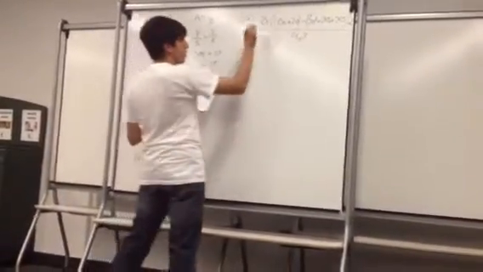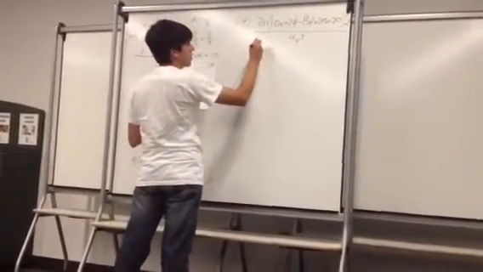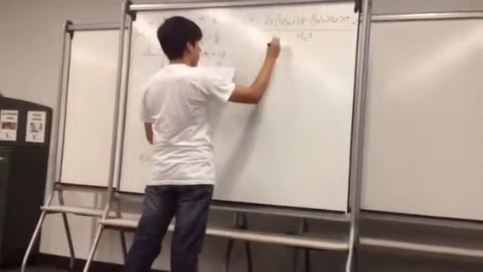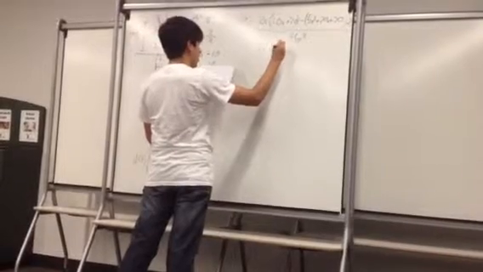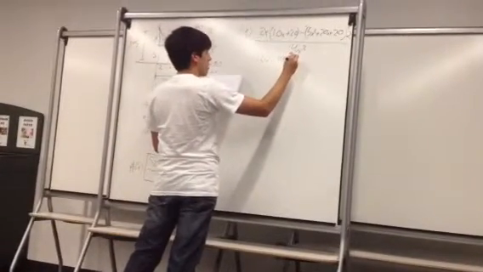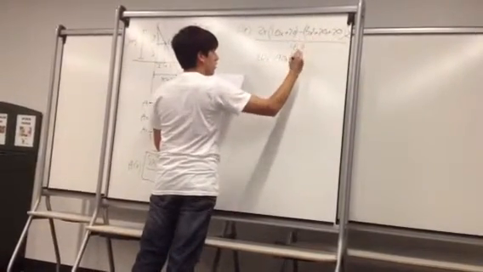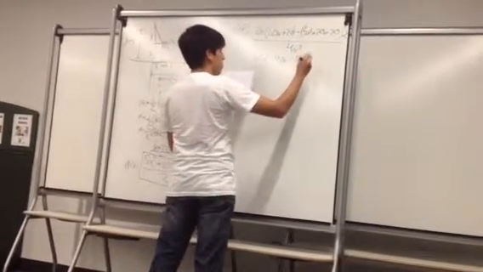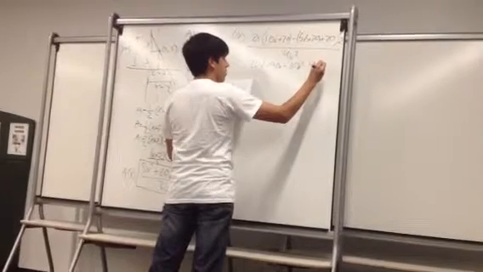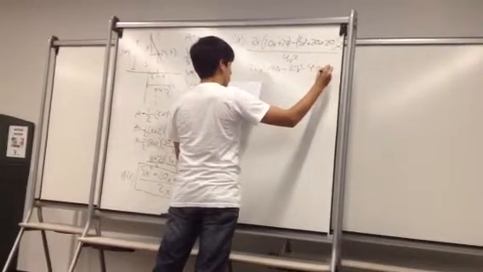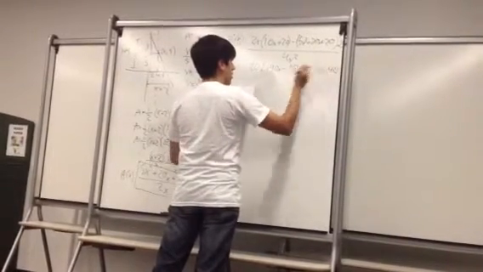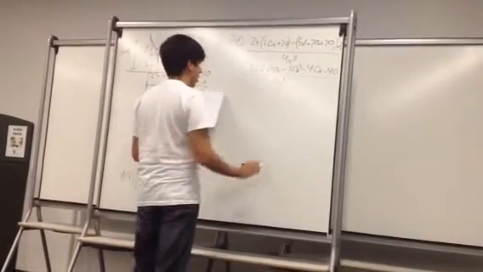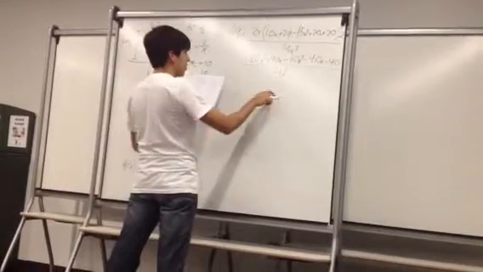Now, you just use the distributive property. It's going to equal about 20x squared plus 40x minus 10x squared minus 40x minus 40 over 4x squared. And we can still keep simplifying.